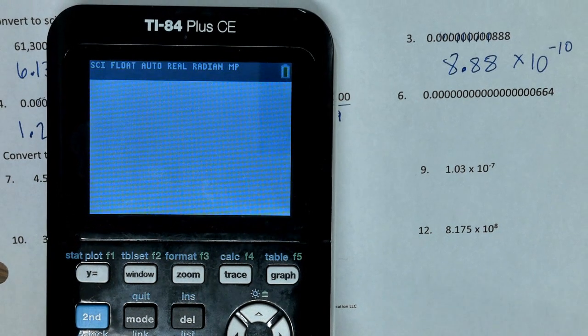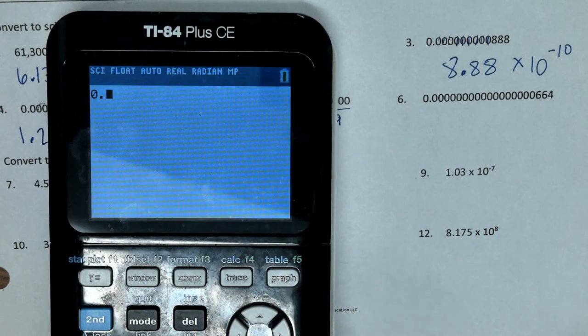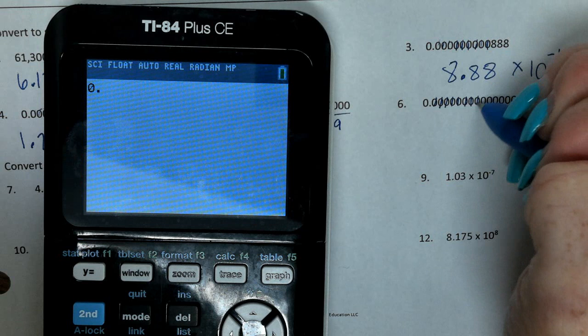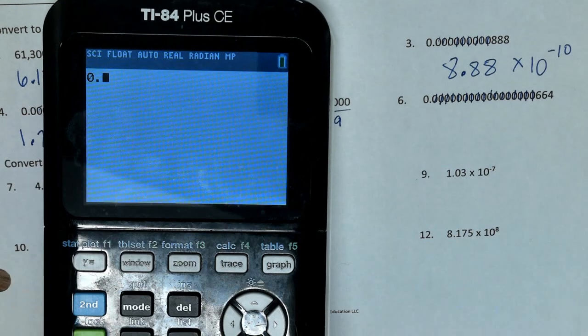Okay, so on this one, again, I'm going to go count by marking them out. So I'm going to put 0 decimal, and then 1, 2, 3, 4, 5, 6, 7, 8, 9, 10, 11, 12, 13, 14, 15, 16, 17 zeros.